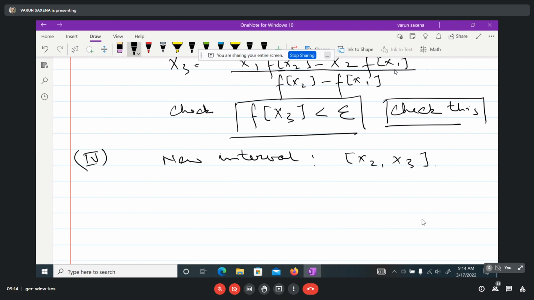This is an important point I want to make here. After step 4, you just repeat things.